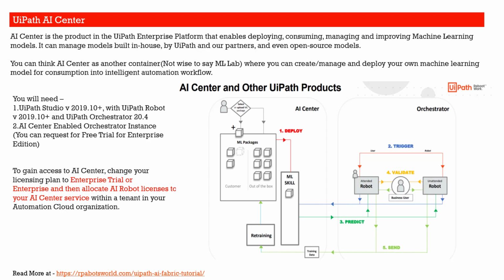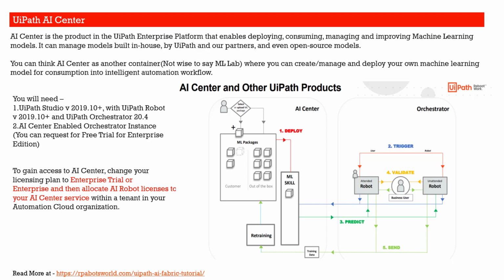That means all the models being provided by the UiPath team or a third-party AI technology partner, you should be able to retrain on the basis of the data that you have. And once you have your ML model, or we can simply say ML skill, deployed on AI Center, you should be able to drag and drop those ML skills inside your UiPath Studio to build your automation the same way that we do as of now.